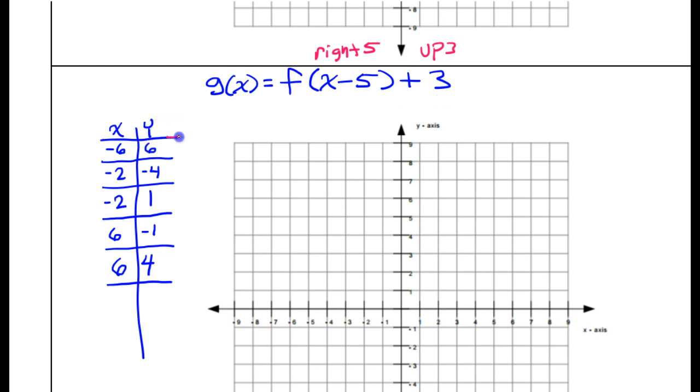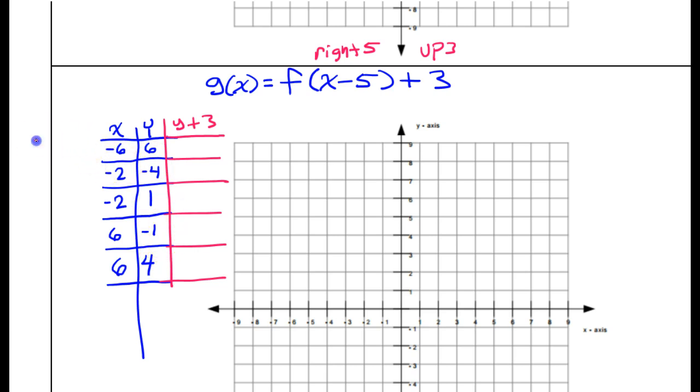So we will need a new y column. Okay, and my new y column is going to be y plus 3. We're just going to do the up 3 part. So we're just going to add 3 to all of these y values.